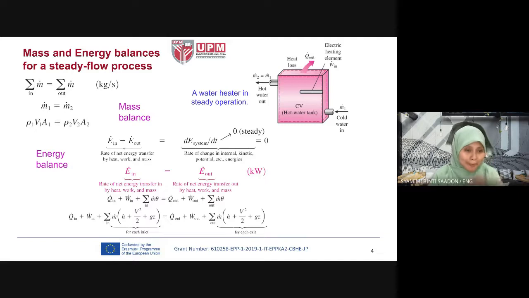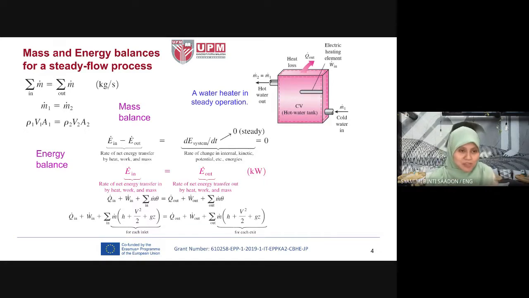Okay, so from the definition of conservation of mass and conservation of energy just now, we have this mass balance and energy balance. First one is the mass balance. Mass balance is from the conservation of mass, which means that the mass is conserved throughout the process.